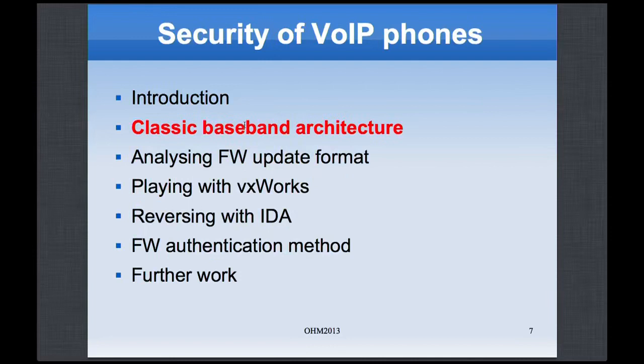So now I will show you just an example of baseband architecture. The baseband is the chip that is connected to the telecommunication infrastructure on one side, and on the other side, if it's a modem, it will be an Ethernet connection. If it's an SDIO card, it will be SDIO.